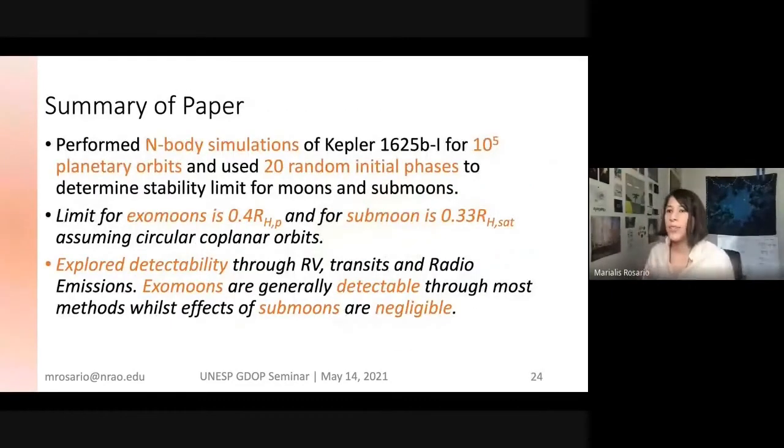So summarizing this first work, we performed n-body simulations of the exomoon candidate system proposed by Teachey and Kipping. And we did 10 to the 5 planetary orbits using 20 random initial phases to determine the stability limits for both moon and submoons.